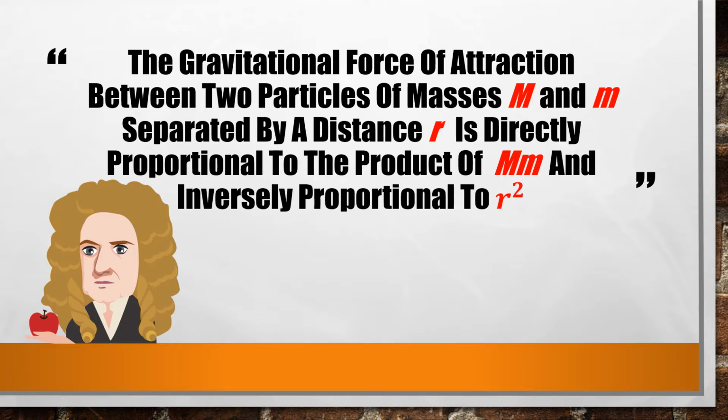The statement is that the gravitational force, which is the attraction force, between two particles of masses m and m separated by a distance r is directly proportional to the product of the masses and inversely proportional to the distance squared.